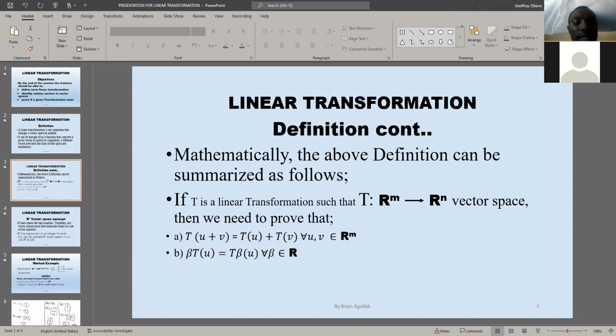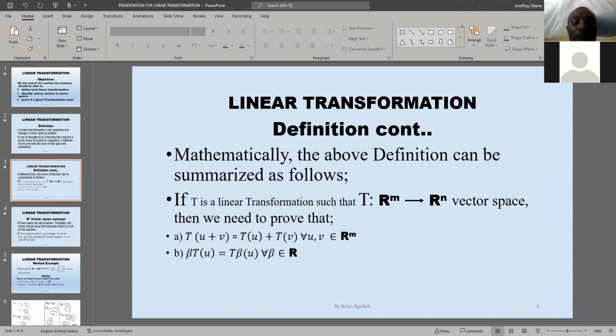So basically, this definition means, from a mathematical point of view, that if T is a linear transformation that transforms a vector in Rm to Rn vector space, then we need to prove the following two rules.